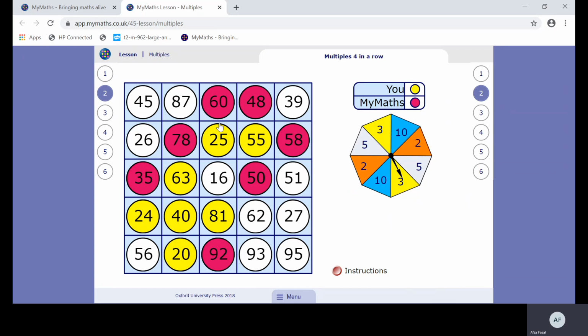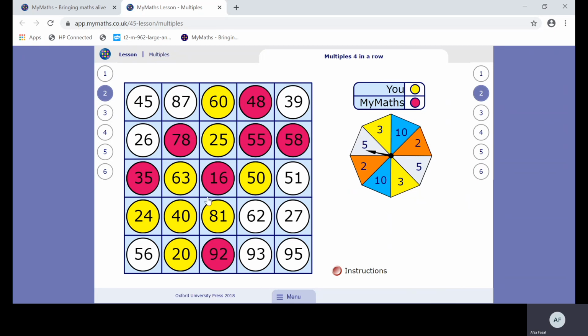Let's take that back. We need a multiple of 2, preferably. We need a multiple of 10 there. It's getting complicated now, so that was a multiple of 2.